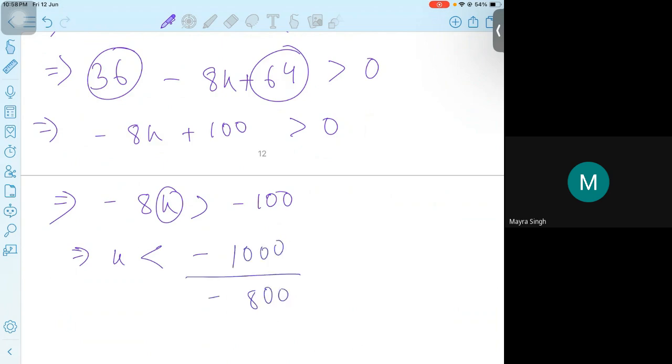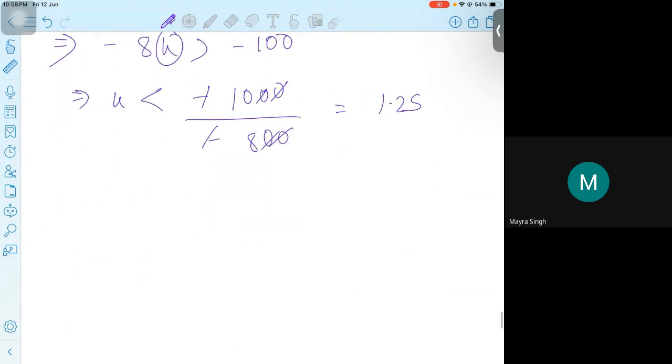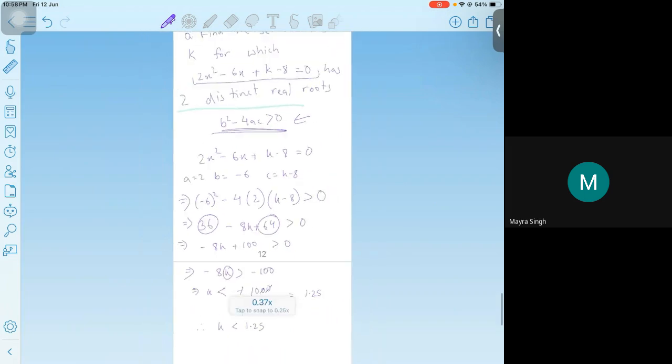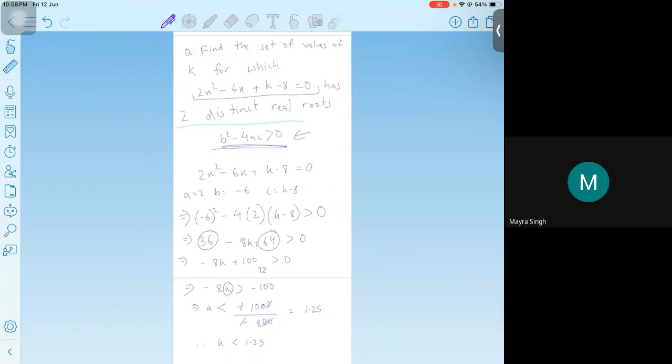And we know that this and this get cut off, and you're only left with 12.5. So k has to be less than 12.5. I'm giving you 10 seconds. Please look at the workout and let me know if there's anything at all that you want to revise.